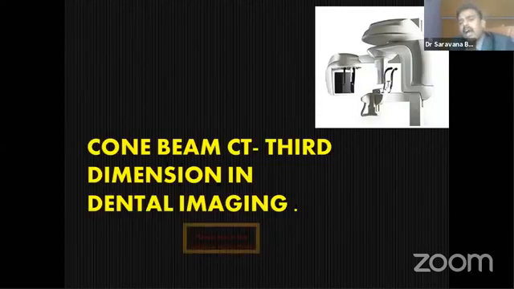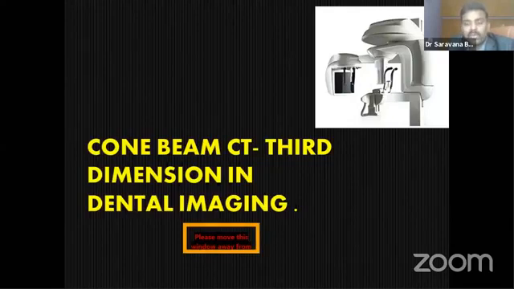Moreover, our boss Dr. Gnanasundaram sir used to say that our body is composed of 2 types of tissues. One is hard tissue, another is soft tissue. Otherwise, we can call it bone-forming tissue and non-bone-forming tissue, or osteogenic and non-osteogenic tissue. In the oral cavity, we have a specialized tissue called odontogenic tissue.